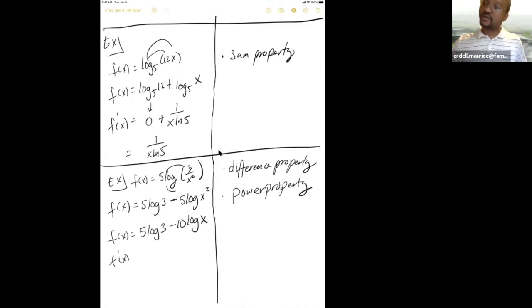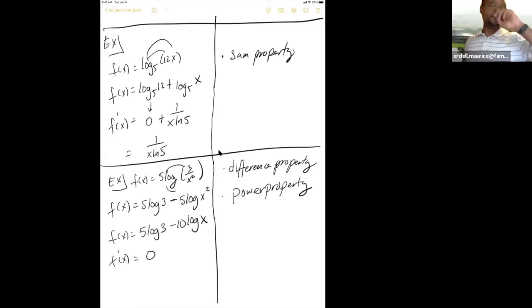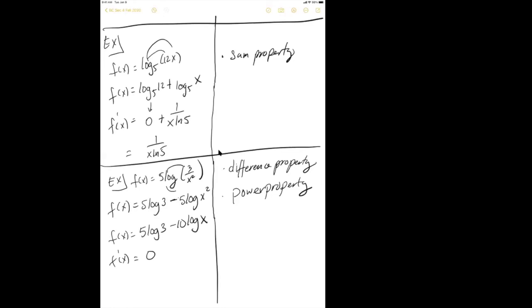What's the derivative of 5 log base 3? 0. And what's the derivative of negative 10 log of x? Negative 10 over ln x.